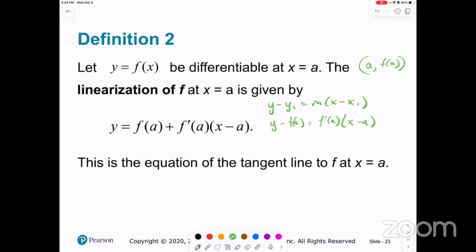So that comes out of the point slope formula, given a point and a slope. If we have a curve, we have a point on the curve, and then we take the derivative, that'll give us the slope. So then we can use the point slope formula to get this. That's interesting. So this is the equation of the tangent line to f at x equals a, a way for us to jump straight to the equation of a tangent line at a point on the curve.